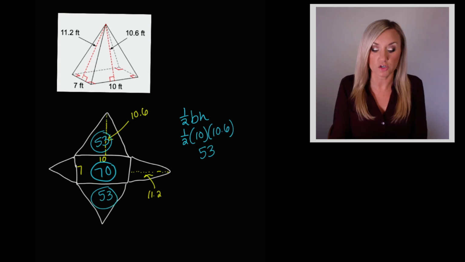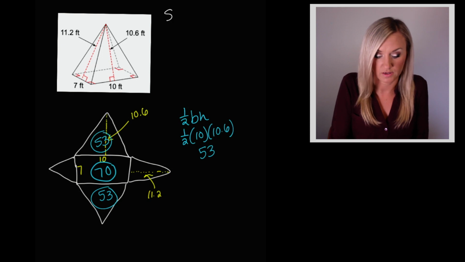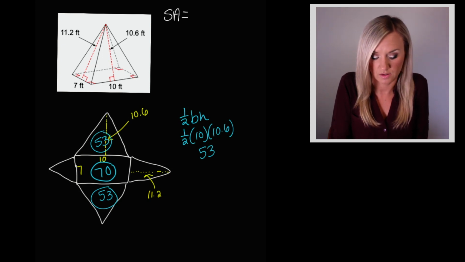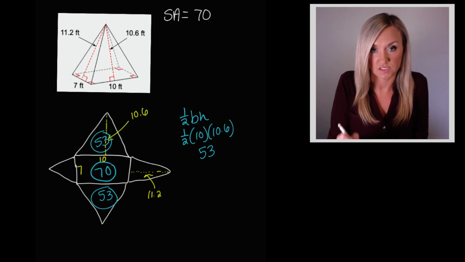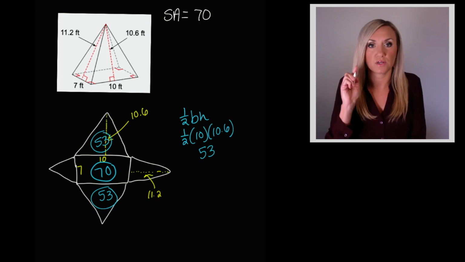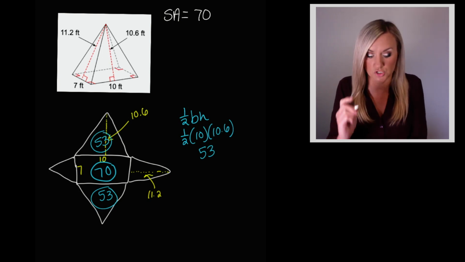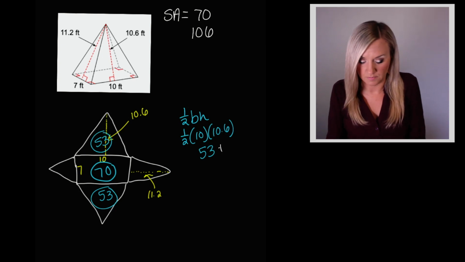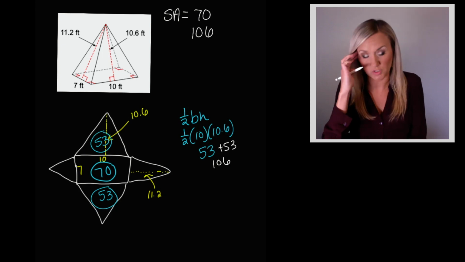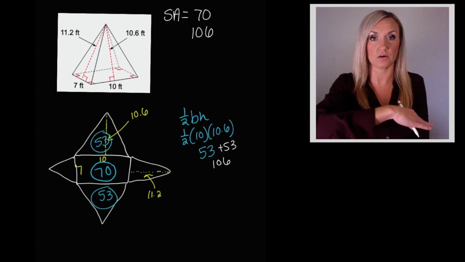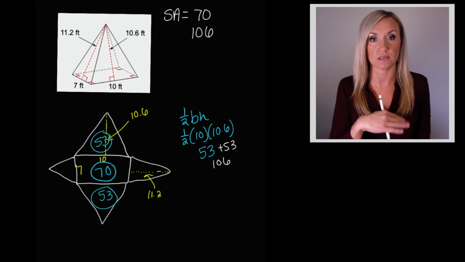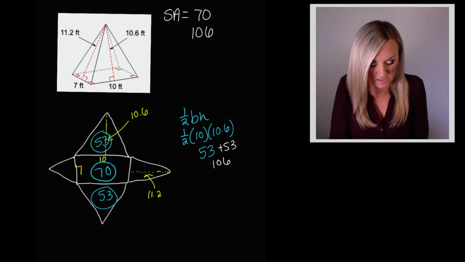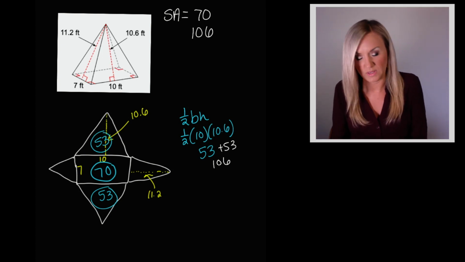All right, so to find our total surface area, we started off with 70 plus 53 plus 53, which is 176. Okay, and then we could just do this for reference. Good. So now we just need to find the area of both of the triangles on either side of this pyramid, and then we can just add them all up.